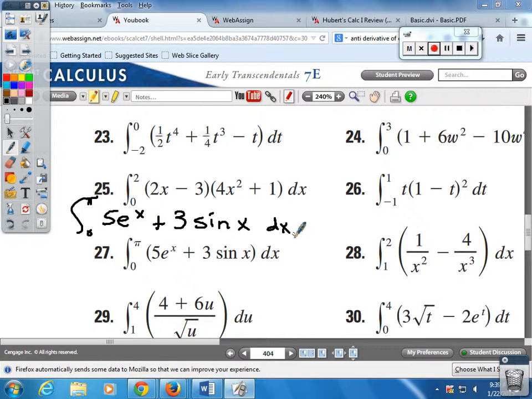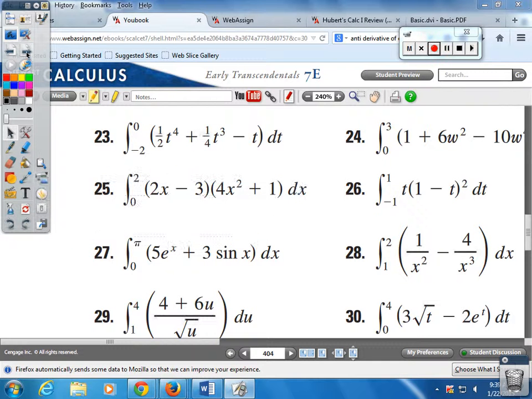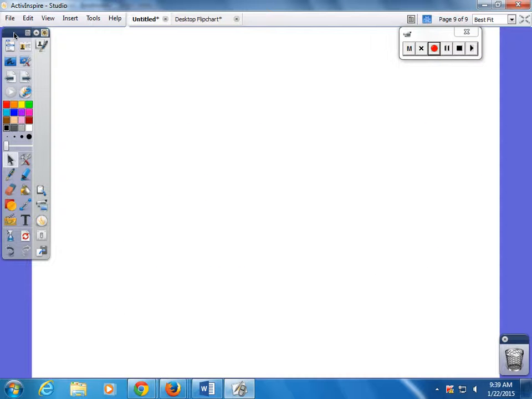Now, is this a problem that easily intimidates students? Yes. Why? Because it looks complicated. That's why. But is it complicated? No, because the antiderivative of e to the x is what? So that's not difficult.